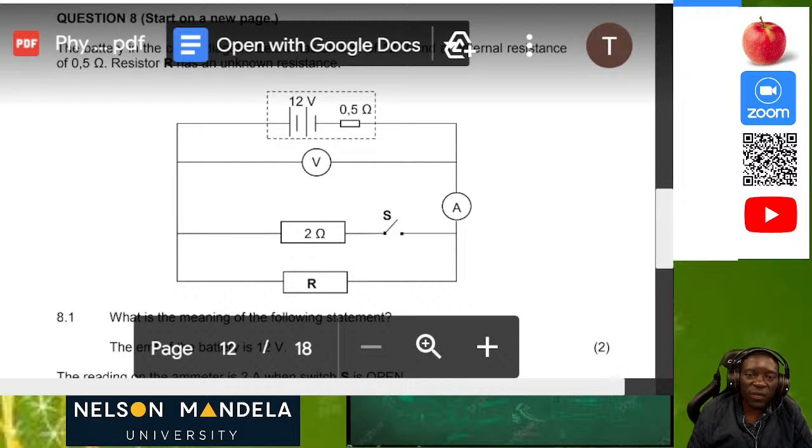So take note, this 0.5 ohm is inside the battery. It's called internal resistance. The terminals of the battery are taken from the points protruding from outside the dotted box. This box represents the battery. Okay, so now let's look at what the question says.